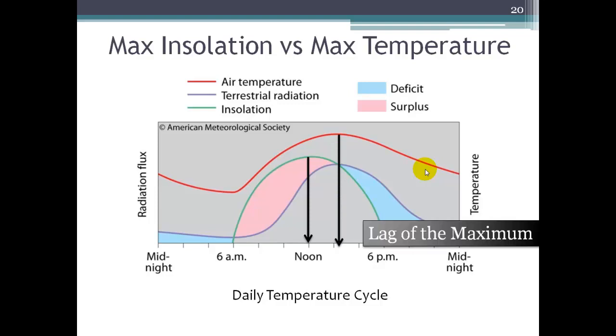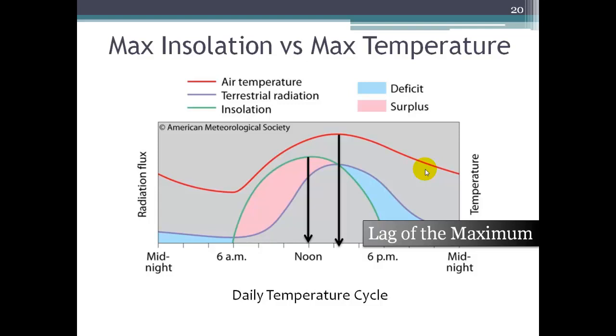This is called the lag of the maximum, and it has to do with the fact that it takes a while for the Earth to heat up once it's received maximum insolation from the sun. The sun has to heat up the Earth's surface, and then the Earth's surface has to distribute that heat to the atmosphere, and that takes a while.